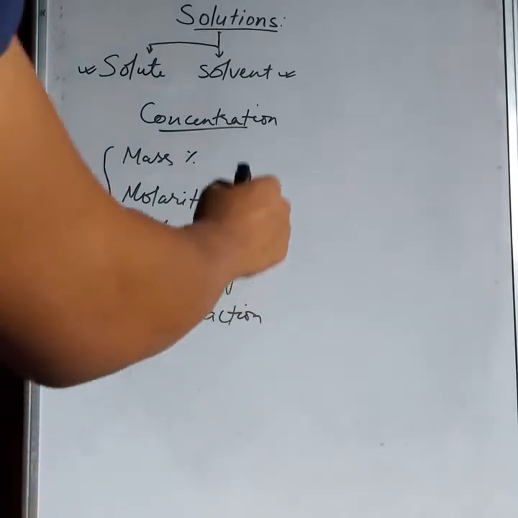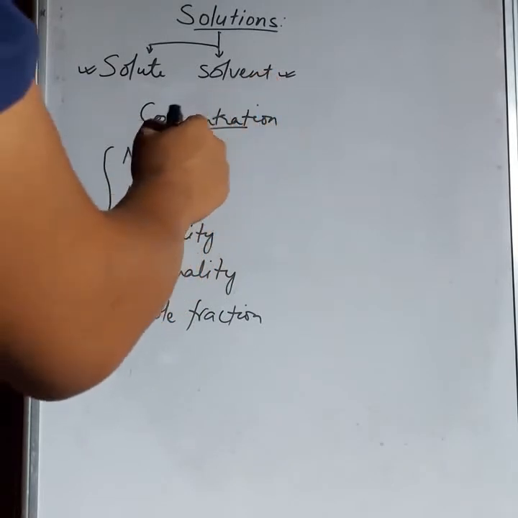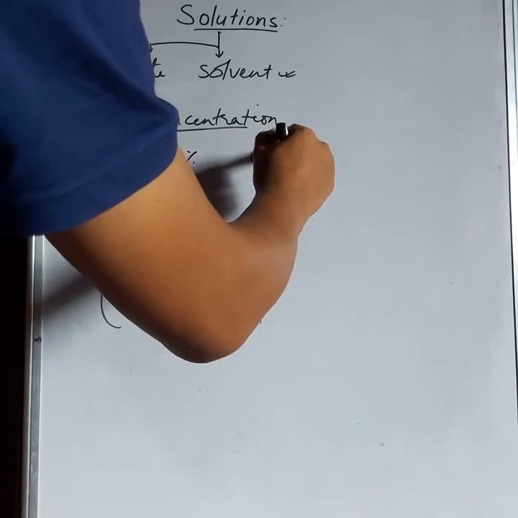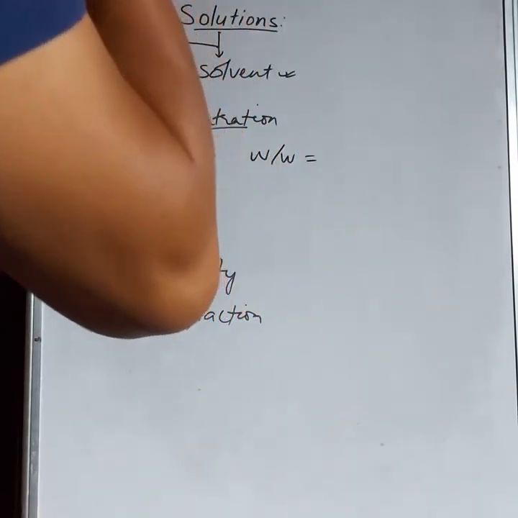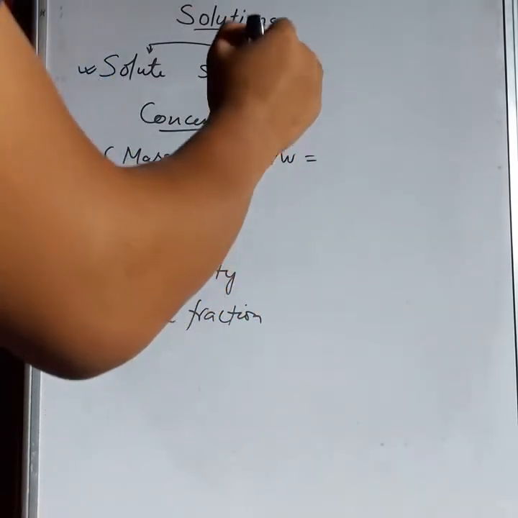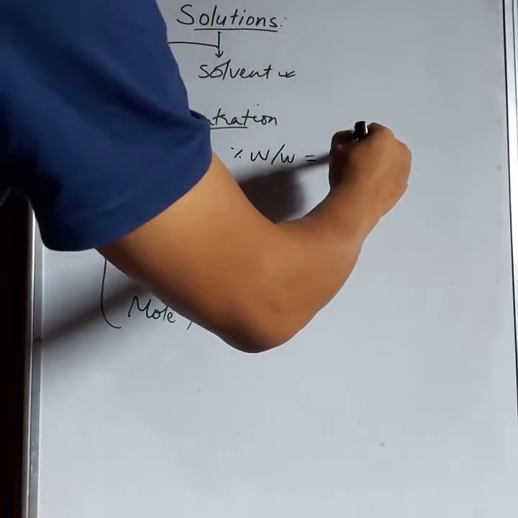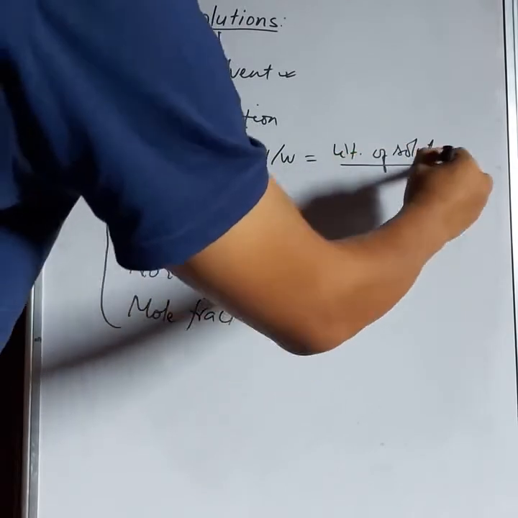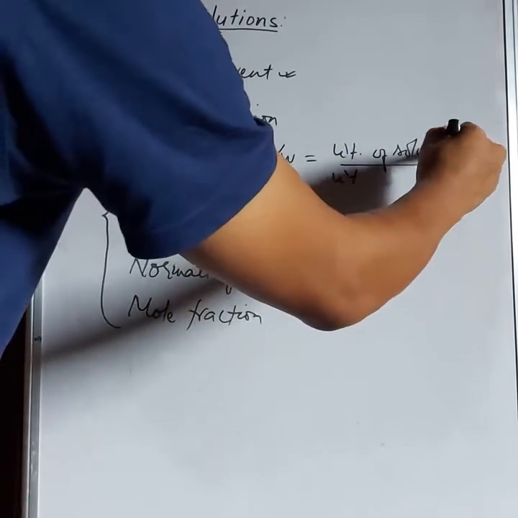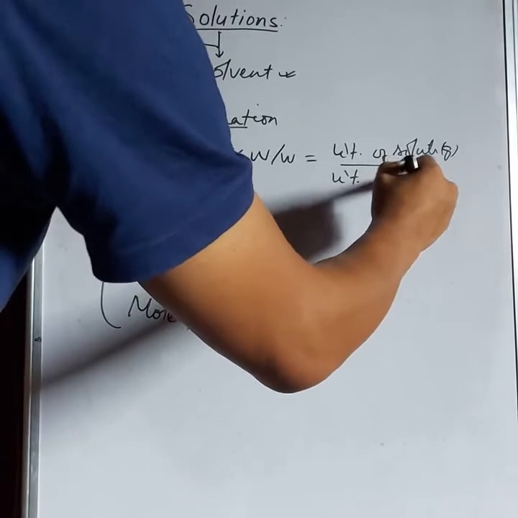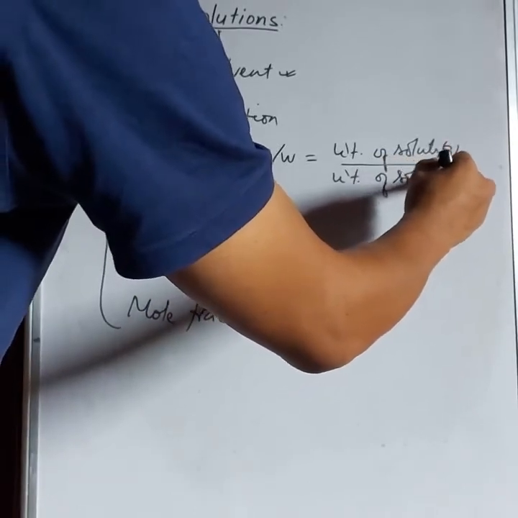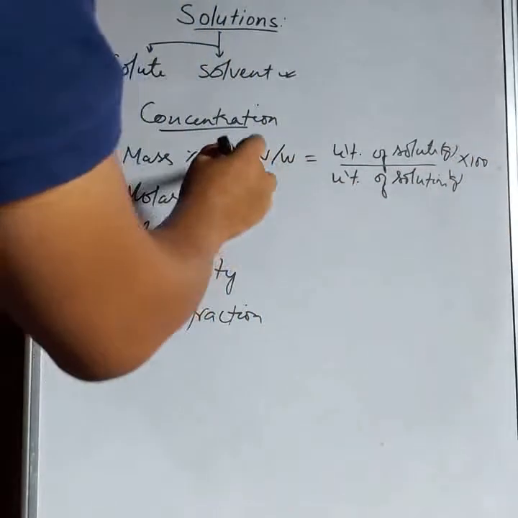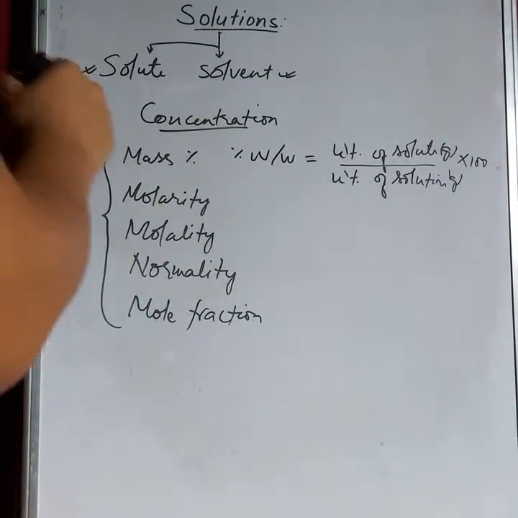Suppose it is percentage weight over weight, which is given by weight of solute over weight of solution in grams, again in 100. That's the weight over weight percentage.